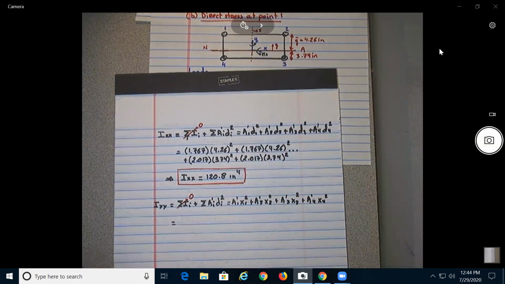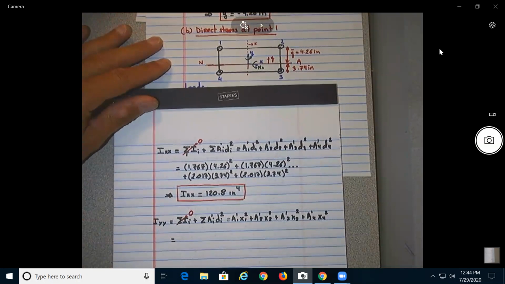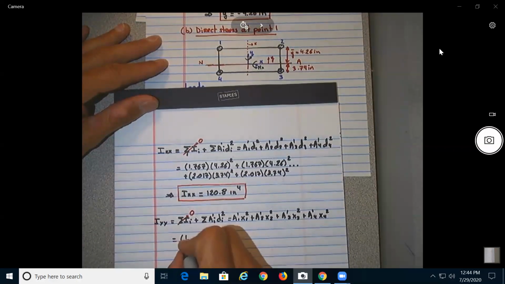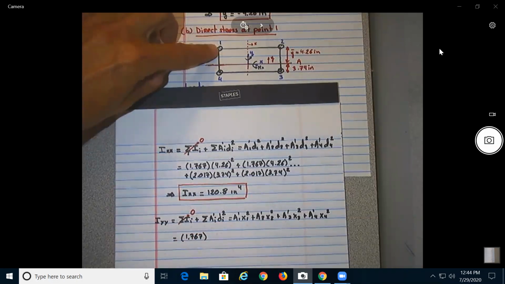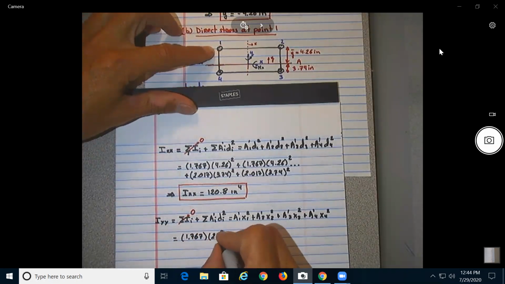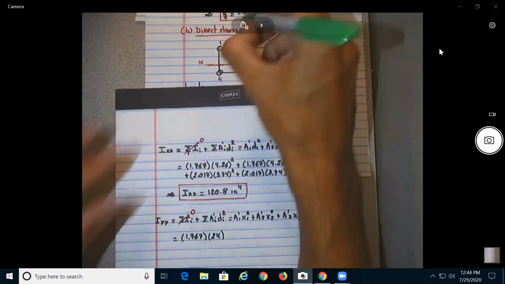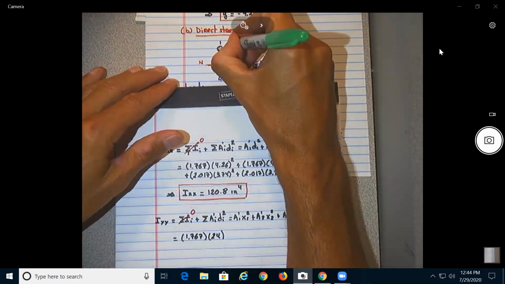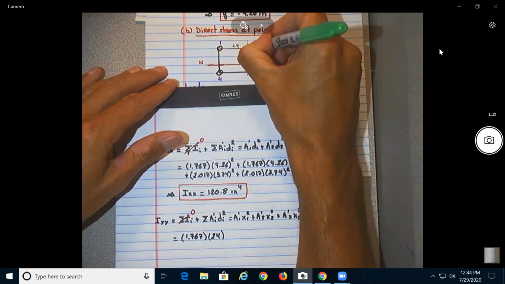So this one is very simple. What is A1? 1.767. What will be the distance between 1 and the neutral axis? It will be 24, no? Half of 48, so it will be 24. Maybe let me put it on the figure here. This is 24, 24, okay?